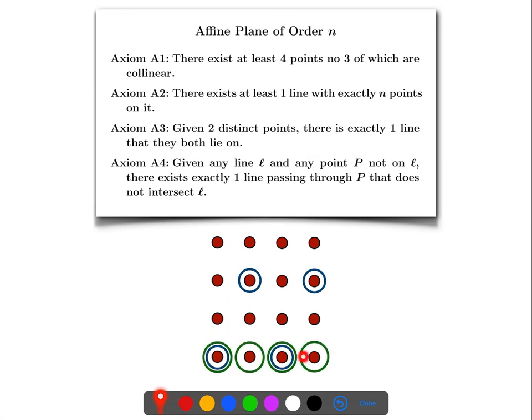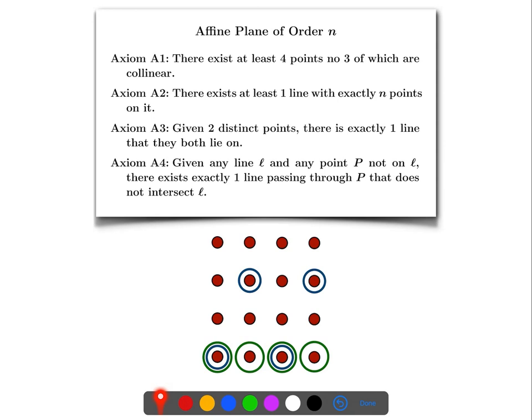So this will be the green line where I have green circled points. What's the congruence here? It's y is congruent to 0 mod 4. If I take any value of x between 0 and 3, y is 0 mod 4, and we get the point, whatever that value of x is, comma 0. So that's the line going through those points.